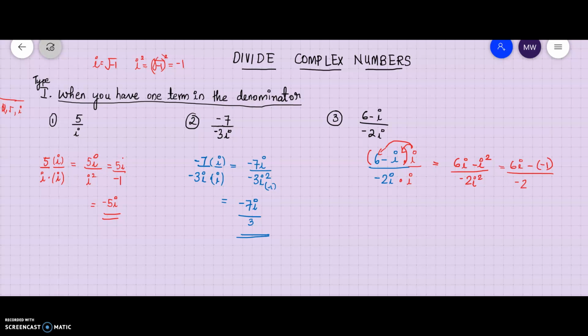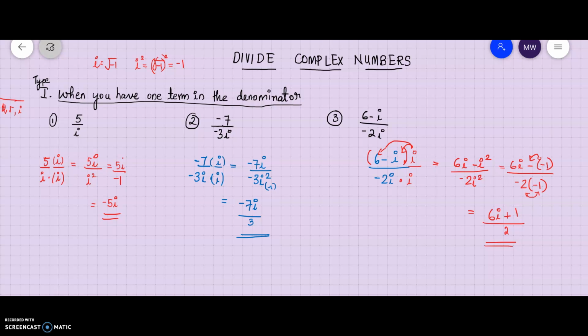In the denominator you have -2 and i squared becomes -1. So here we can write 6i. These 2 negatives become a positive, so it's just +1, over the denominator, -2 times -1 becomes +2. So that is the answer for question number 3.